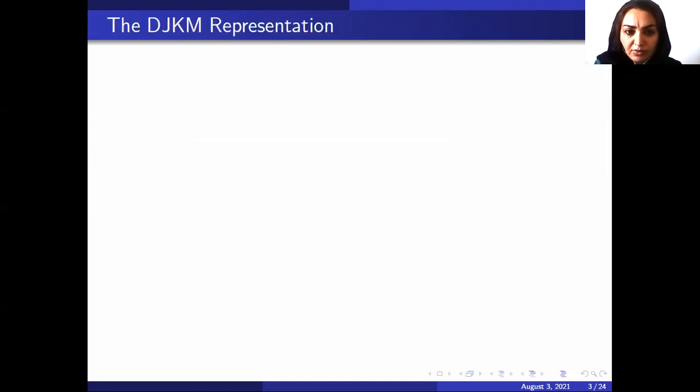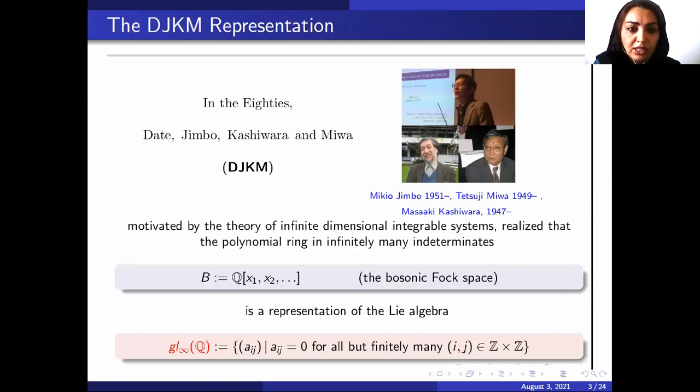Okay, let me go a little bit into the historical part of our work, which is the motivation for us. For Japanese mathematicians, I mean Kashiwara and Miwa, whose names we abbreviate by the acronym DJKM along our discussion.